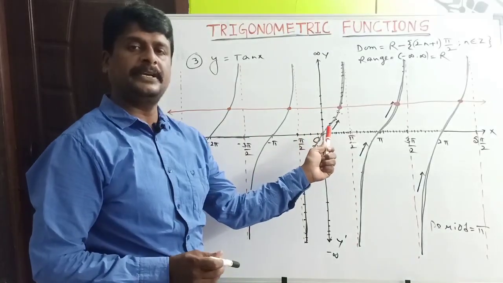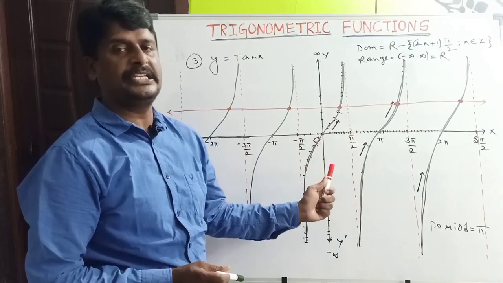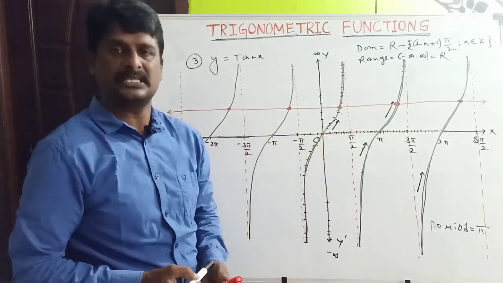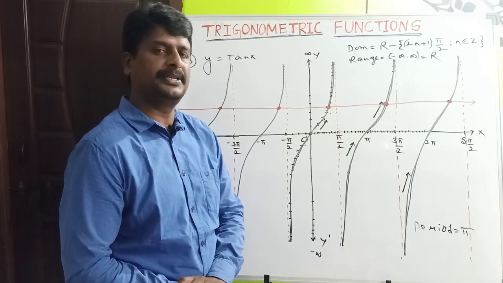So it is increasing in the first, second, third, fourth quadrants, not only in these quadrants. Throughout the domain it is always an increasing function. See here, one more point.